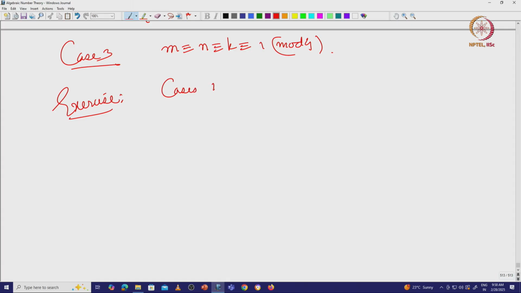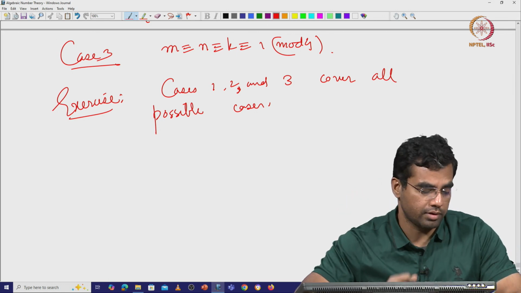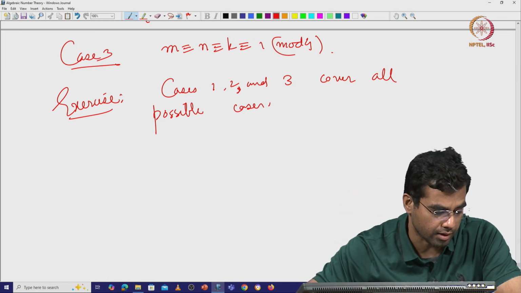Cases 1, 2 and 3 cover all possible cases. As I said, you can't have any combination for m, n and k. There is some relation between them, and so you can show that by permuting m, n and k around, these cover all the cases that there are.